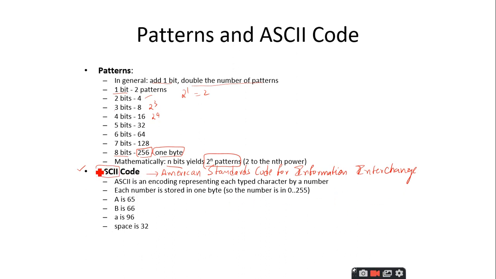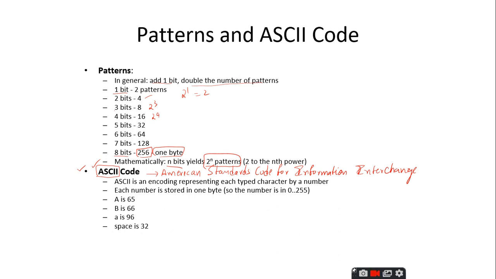It is a standards institute located in America, and it gives various standards for different things, especially related to computer science. That is a different case, but just remember that it is a standards institute. They have developed a code called the American Standards Code for Information Interchange, where they give an equivalent numeric number for each and every character.